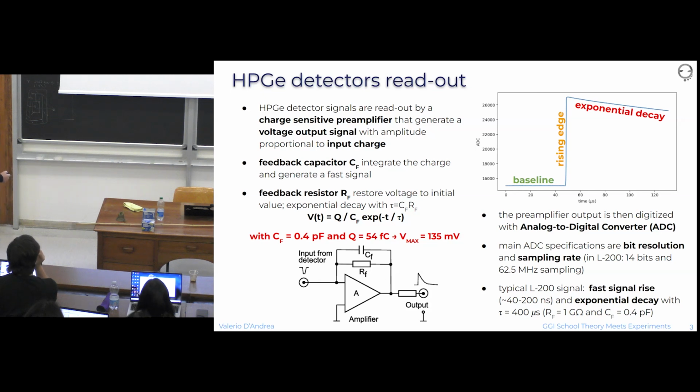Basically, you have an amplifier with a so-called feedback circuit with a capacitor and a resistor. From the detector you get a fast signal; this is a sketch of how a signal can look like.